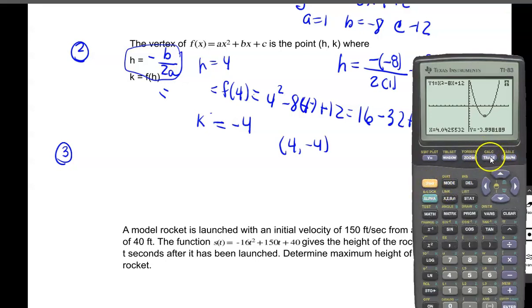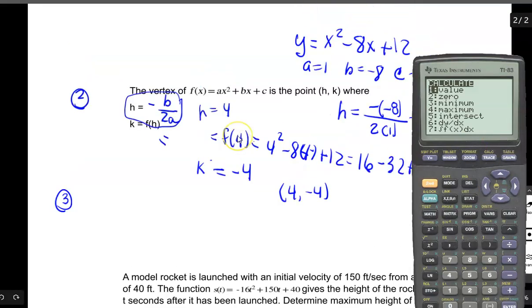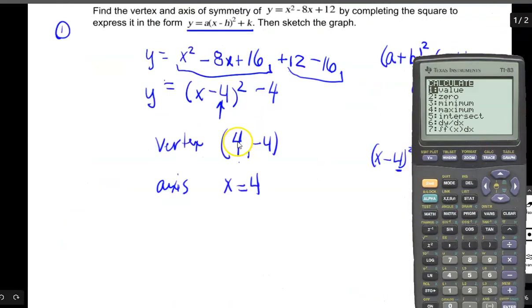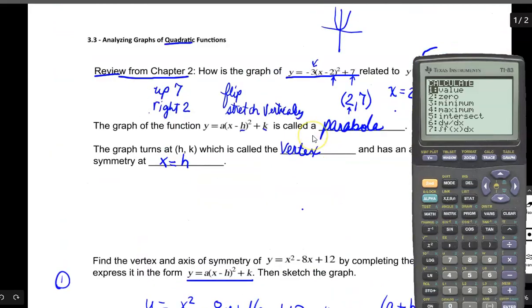So second and then trace, that's calc. And then we know that this one opens upward. If you didn't know, we know that because it starts with a positive x squared. And remember, with our transformations from chapter 2, if there was a negative in front, it'd flip it upside down and open down, but otherwise it opens up.